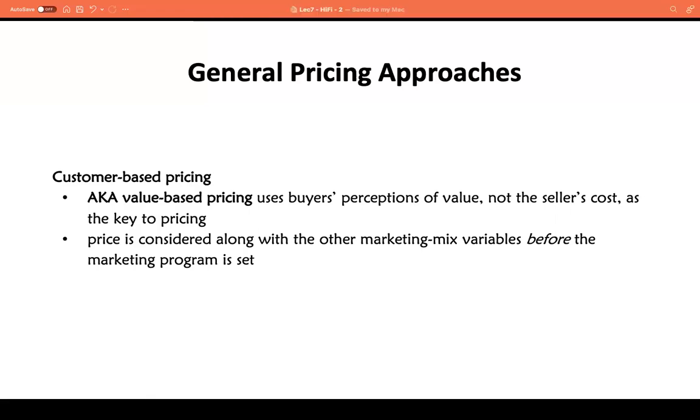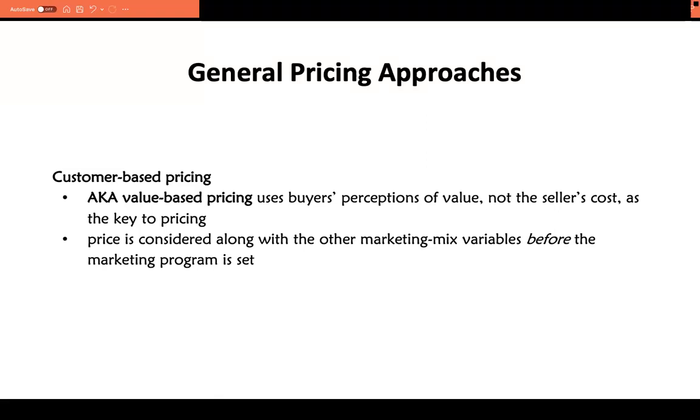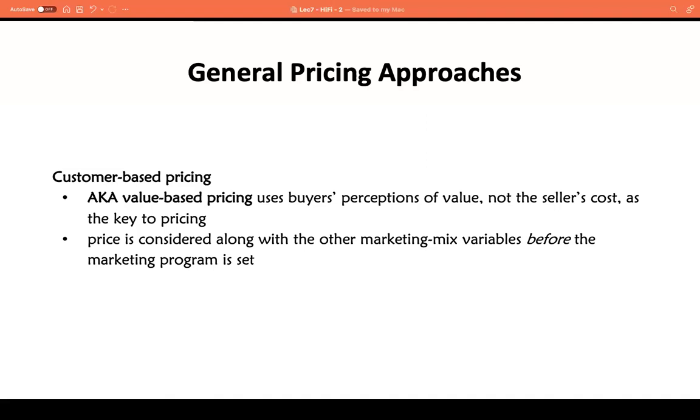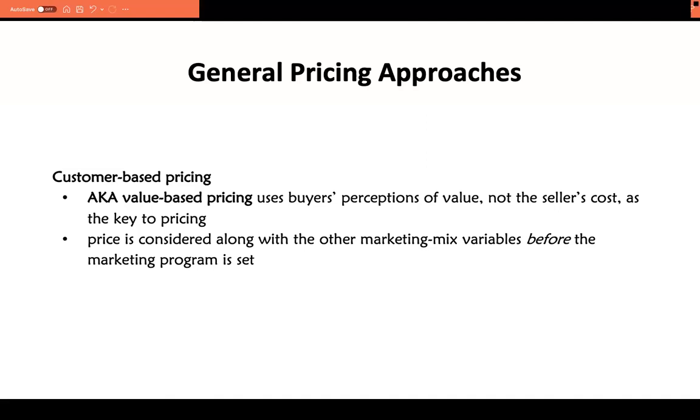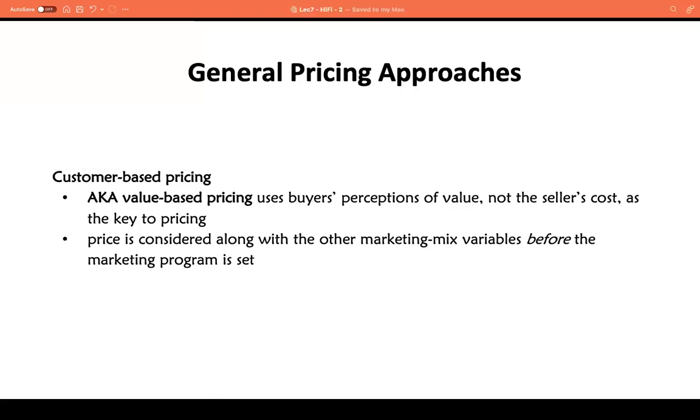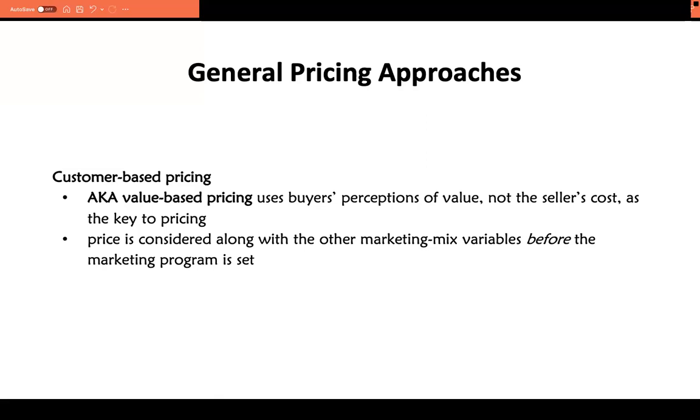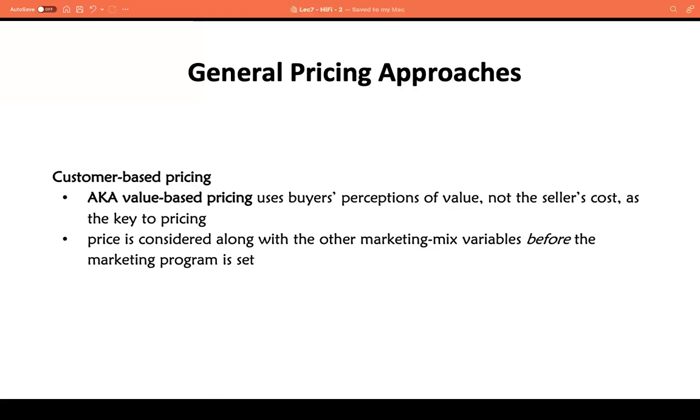And lastly, for the price elasticity that I have mentioned, price elasticity of demand measures the responsiveness of demand to price changes. So this can help the businesses to determine the price that maximizes their revenue or profit.